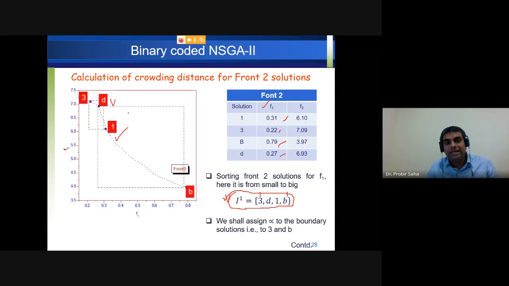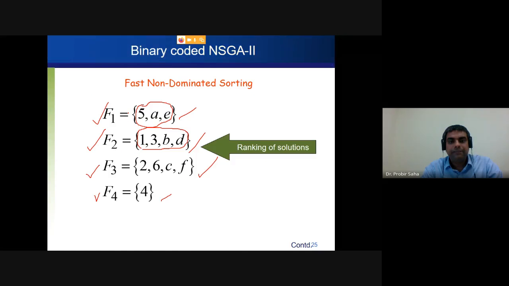While doing that, I have 12 solutions and I have ranked them. Now you have 3 solutions in the first front. I will definitely choose them for the next generation. Then I move into rank 2. In rank 2, we have 4 solutions.